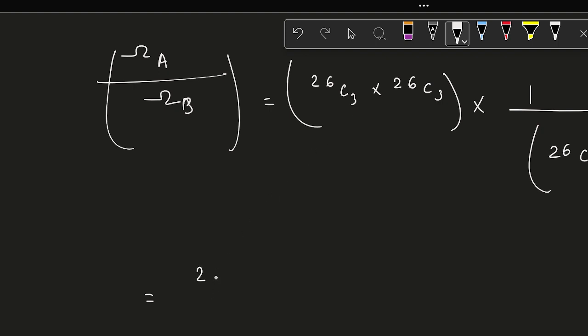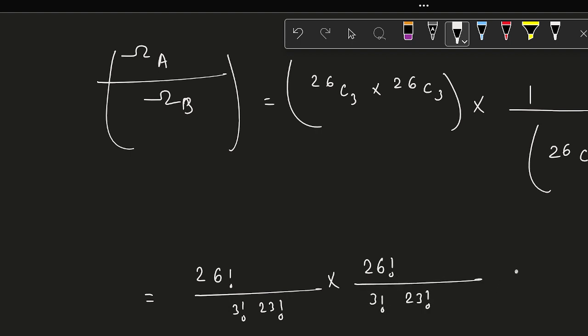Basically 26C3 means 26 factorial by 3 factorial 23 factorial, into again 26 factorial by 3 factorial 23 factorial. This part is done. Then omega_B is 26 factorial by 4 factorial and 26 minus 4 is 22 factorial, multiplied by 26 factorial by 2 factorial and 26 minus 2 is 24 factorial.